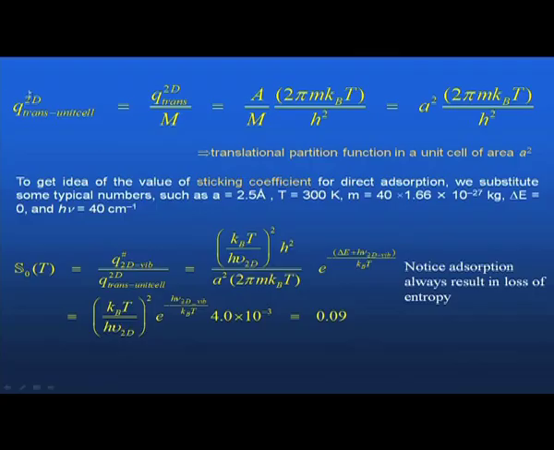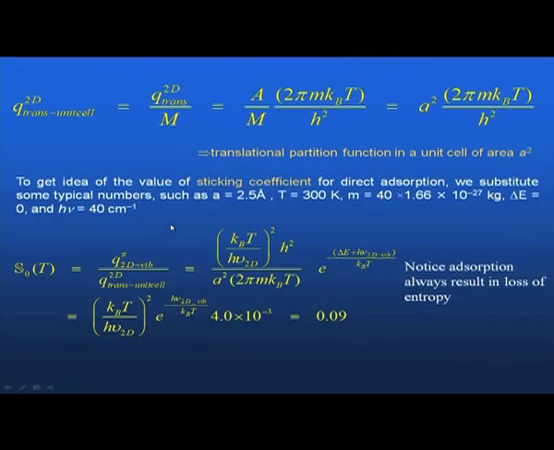You can write this Q trans unit cell ultimately as a square divided by h square, twice pi m kB T. This is nothing but the translational partition function in a unit cell of area a square. That is, if you confine an atom within a unit cell, then how its partition function will look like. So, that is represented over here.